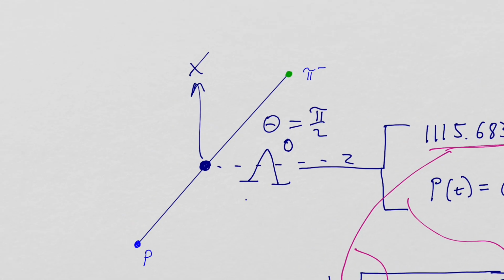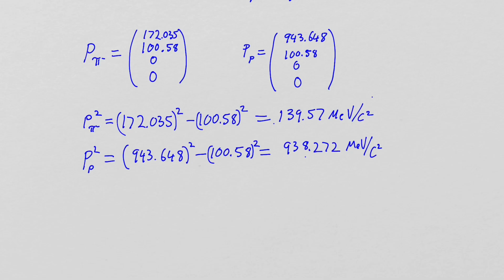If all the momentum is in this x direction and theta is pi over 2, then it's easy to construct the 4 momentum here. Otherwise, there'd be a sine theta, and then there'd be a component down here in the z direction with a cosine theta. But let's just get rid of that and assume that we waited around until the decay was just right. And this now is the 4 momentum of the pion, and this is the 4 momentum of the proton.